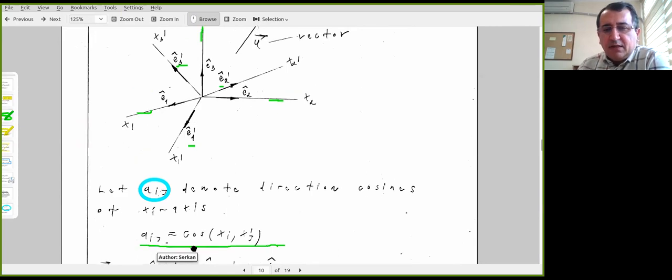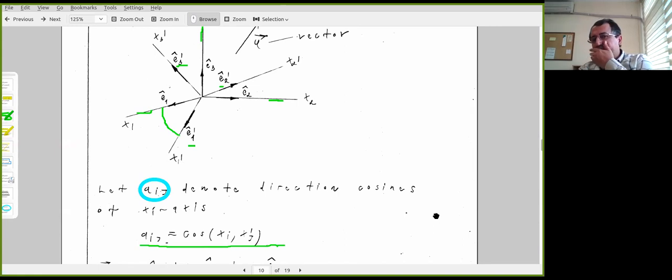It's therefore the cosine of the angle between xi and xj prime, x1 and x1 prime. Suppose the angle is given. Its cosine is A11. And all of them, all 9 of them, can be defined in this way.